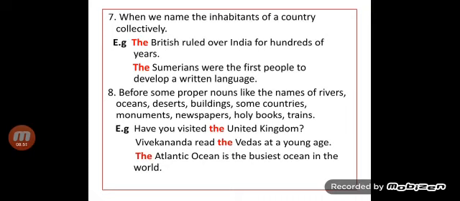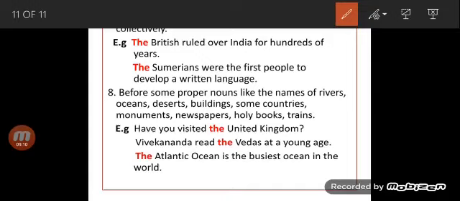When we name the inhabitants of a country collectively, in that case we use article the. For example, the British ruled over India for hundreds of years.